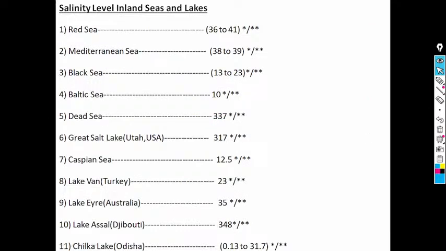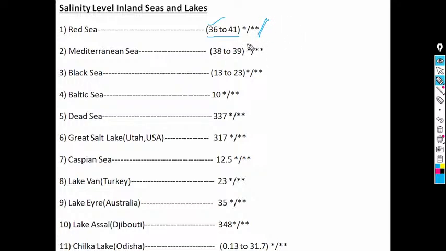Then the salinity level of inland seas and lakes. The Red Sea is 36 to 41 percent.